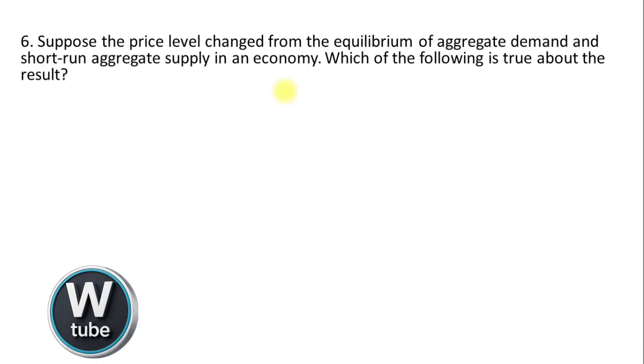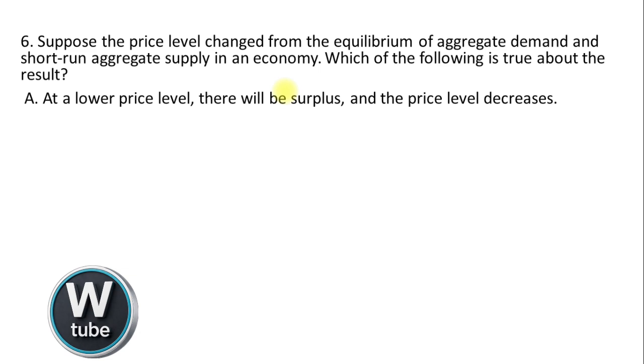Question number 6. Suppose the price level changed from the equilibrium of aggregate demand and short-run aggregate supply in an economy. Which of the following is true about the results? A. At a lower price level, there will be surplus and the price level decreases.